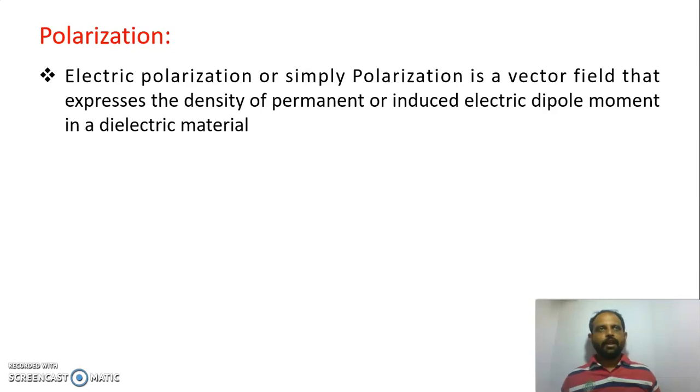Therefore there will be a net electric dipole moment. This process, this phenomenon, is called polarization. Due to that polarization, there will be an electric dipole moment. The electric dipole moment per unit volume of that dielectric material is the electric polarization.